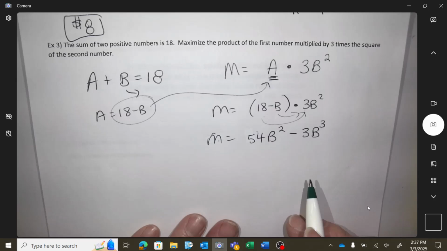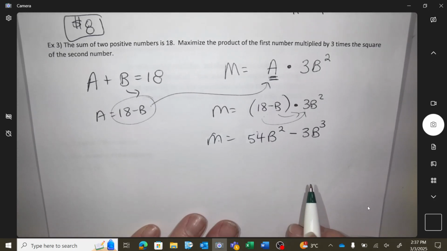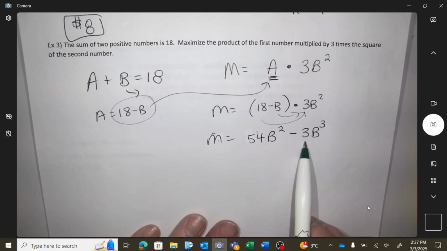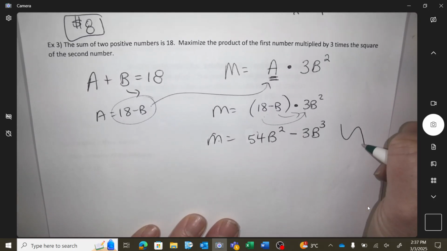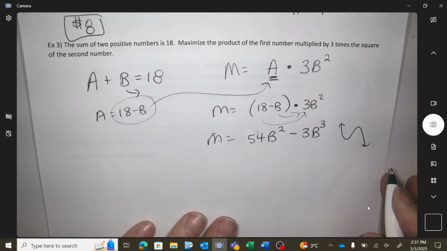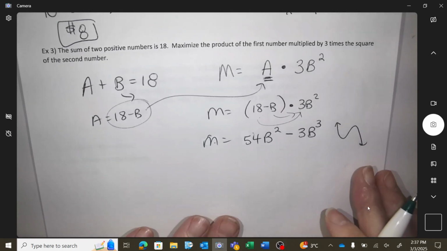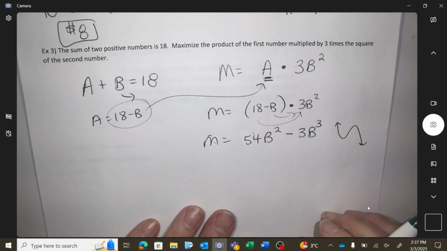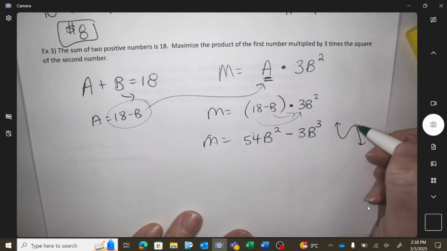What's going on if you were to graph this function? What do you already know? N shape, but negative. Okay, we are trying to get a maximum.